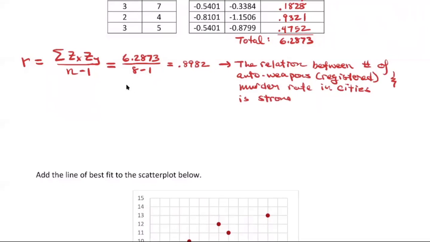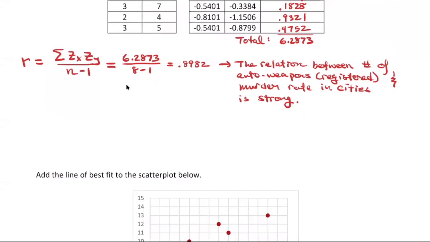So that's telling us that X is a good explainer of Y. That is, the explanatory variable is good at predicting the murder rate.